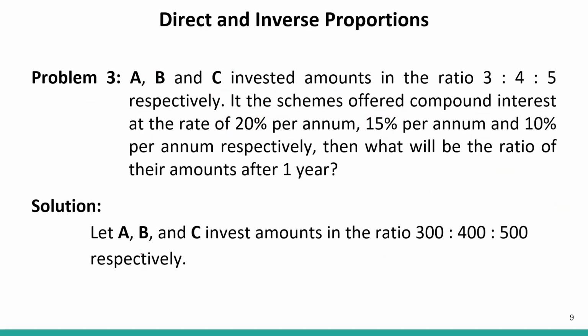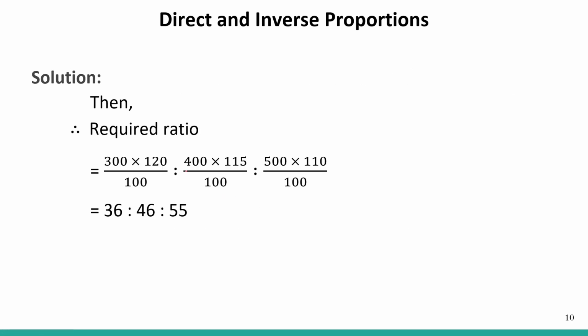Since A, B and C invest amounts in the ratio 300 is to 400 is to 500 respectively, we calculated the required ratio. So 300 into 120 by 100 is to 400 into 115 by 100 is to 500 into 110 by 100. So what will it be equal to? This will be 3, and this will be 4, and this will be 5.